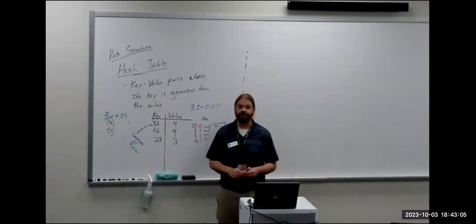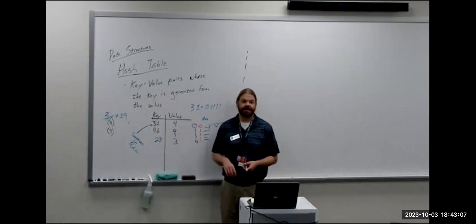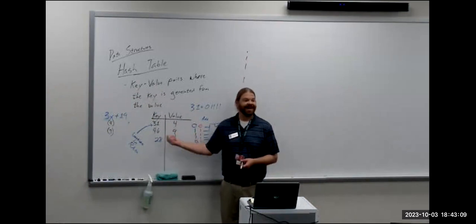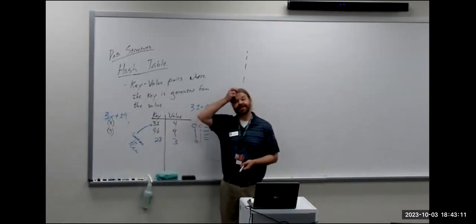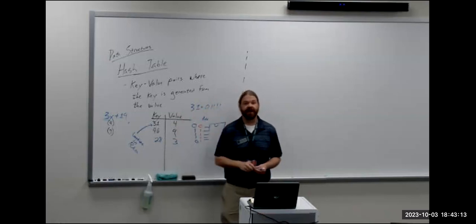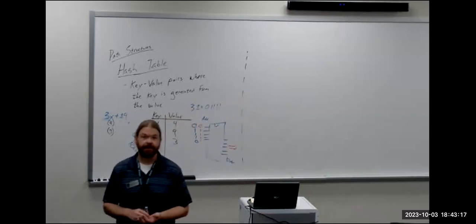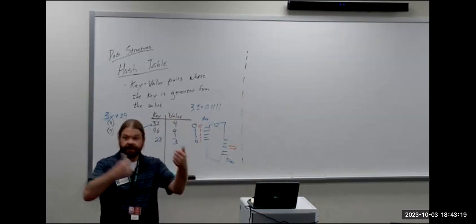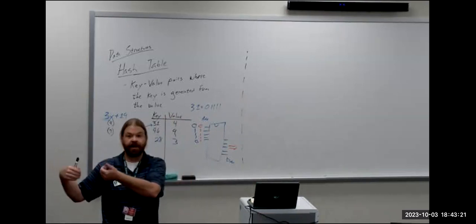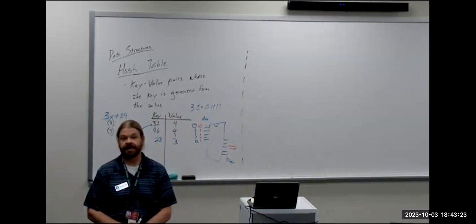So all of the tweets on X, which used to be Twitter, those years and years worth of tweets that we would find any of them from a hashtag, that hashtag was just a particular value that we turned into a numeric address.